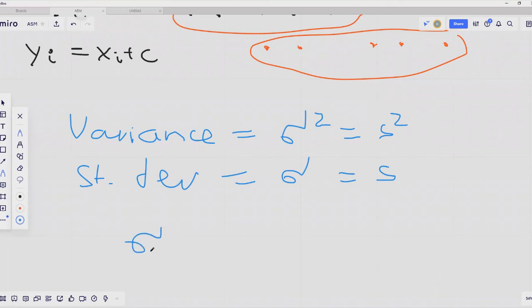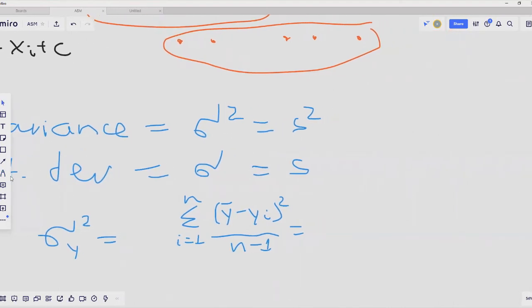Now, the variance of the translated sample of yi's is calculated as the sum from 1 to n of (yi minus y bar) squared over n minus 1. Now we know from properties of the arithmetic mean that the mean of the translated sample is calculated as x bar plus c.